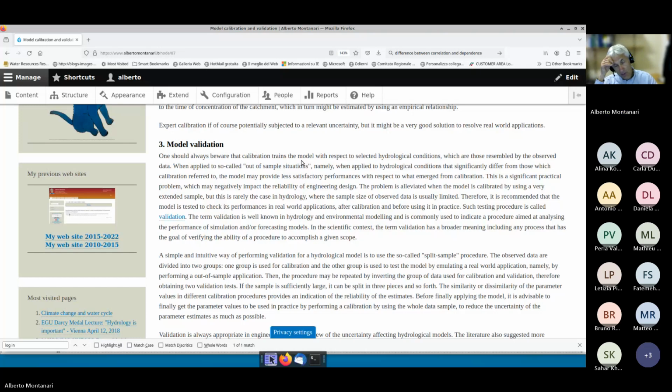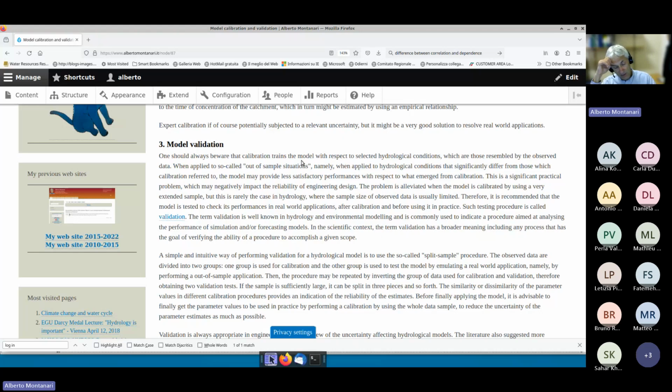Okay, so in calibration, in parameterization, you use a set of data to train the model. Model training is another synonym for calibrating, optimizing, parameterizing. In hydrology, it's not frequently used, but in some disciplines, especially in machine learning, the term training is used.